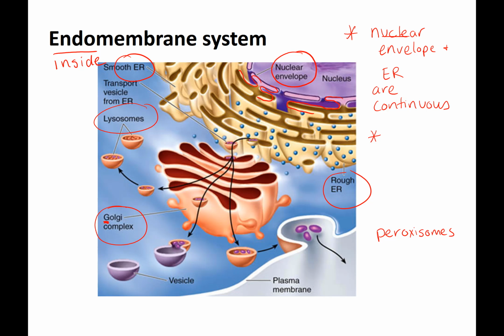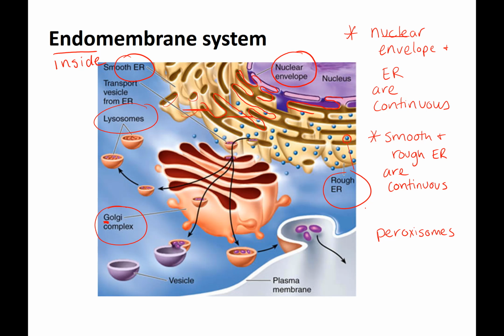The other thing I like how this diagram shows is that the smooth and the rough ER are also continuous, which means they are not two separate organelles, but rather they're all connected through this membrane system. And the smooth can turn into rough, and the rough can turn into smooth, all based on whether or not these little dots are here.